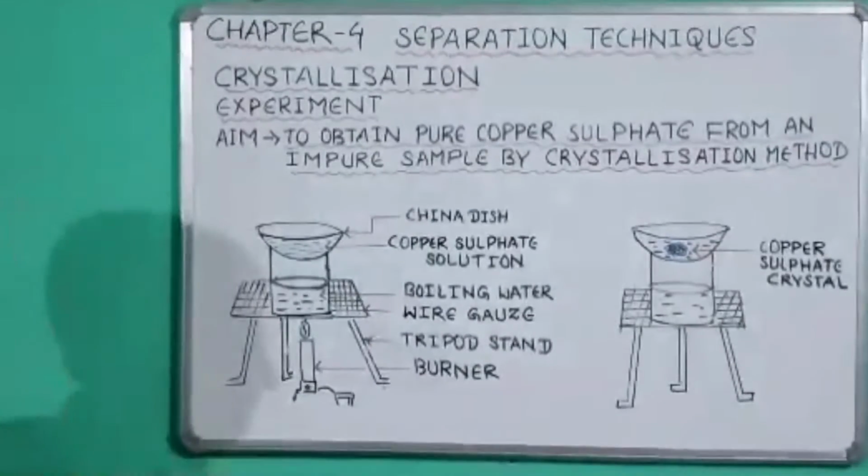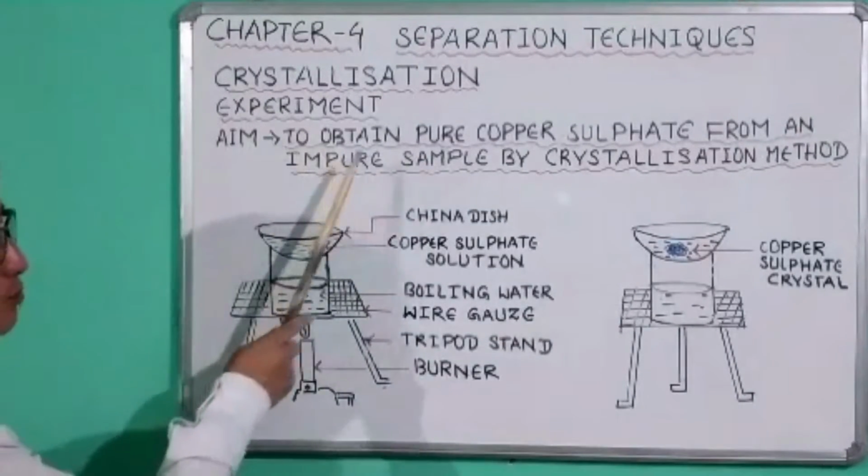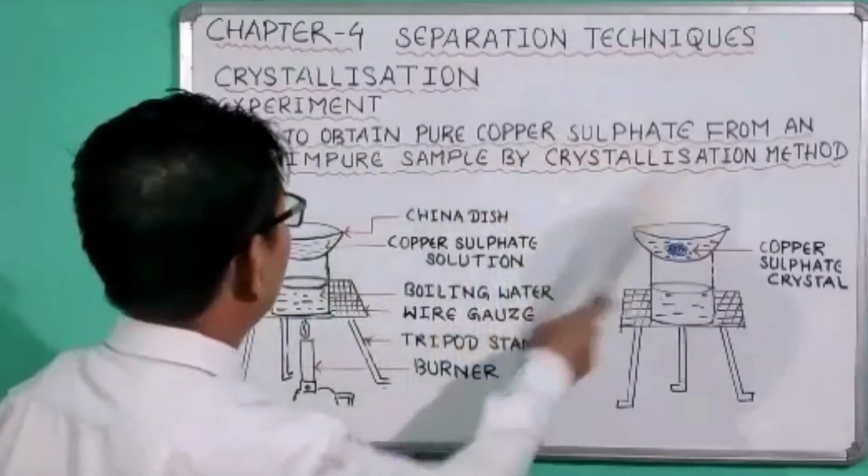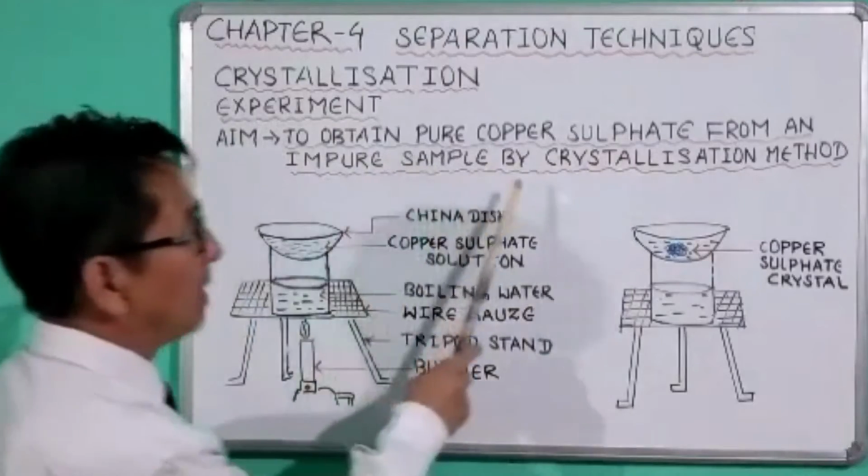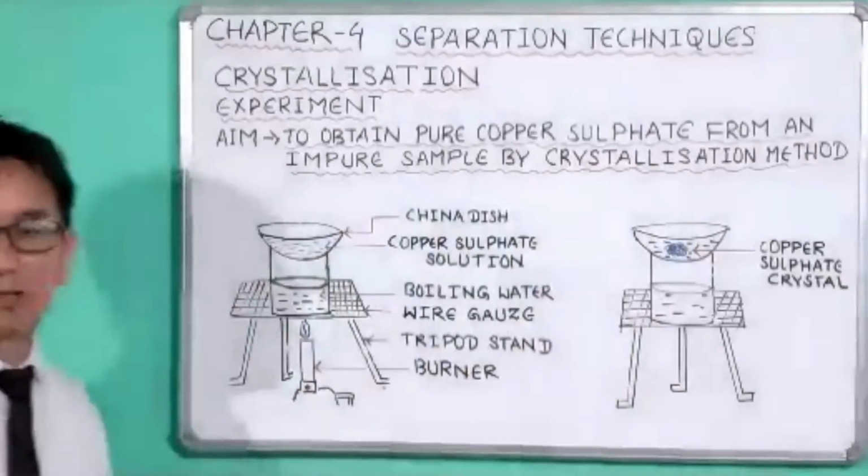Now here, the experiment aims to obtain pure copper sulfate from an impure sample by the crystallization method.